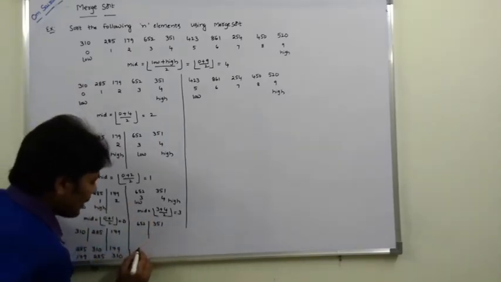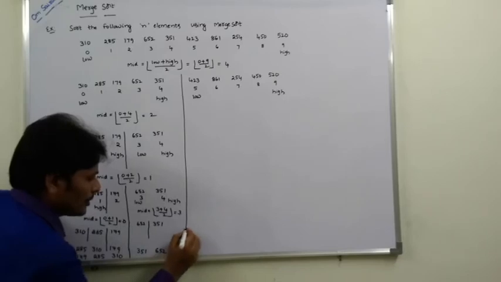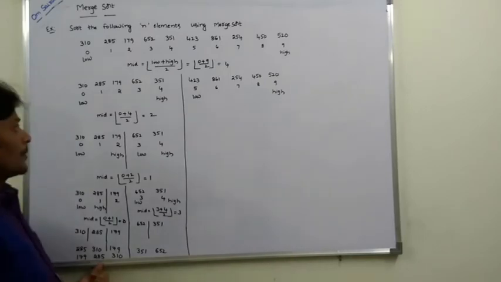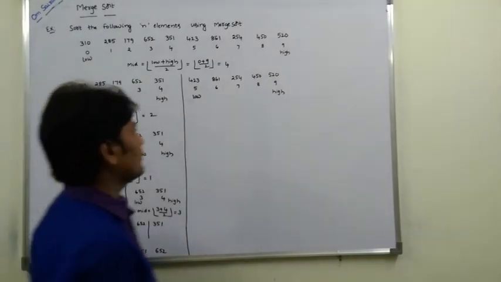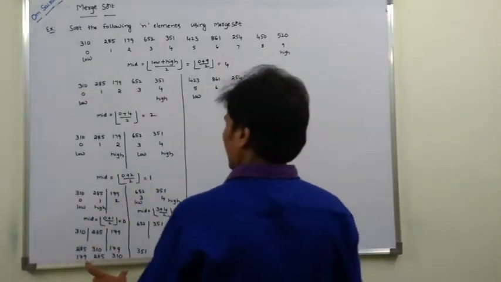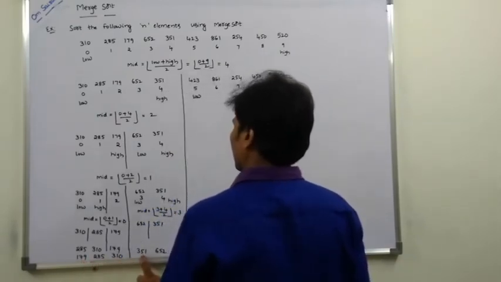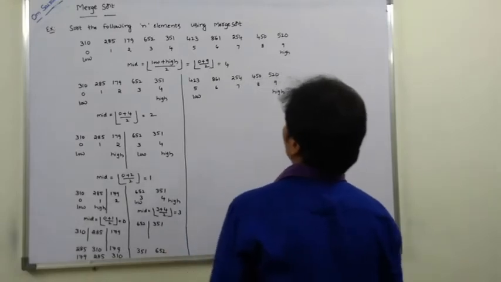So then put them in sorted order, that is 351 and 652. So this is the first sublist. So finally we are getting the first sublist elements are 179, 285, 310, 351, 652.